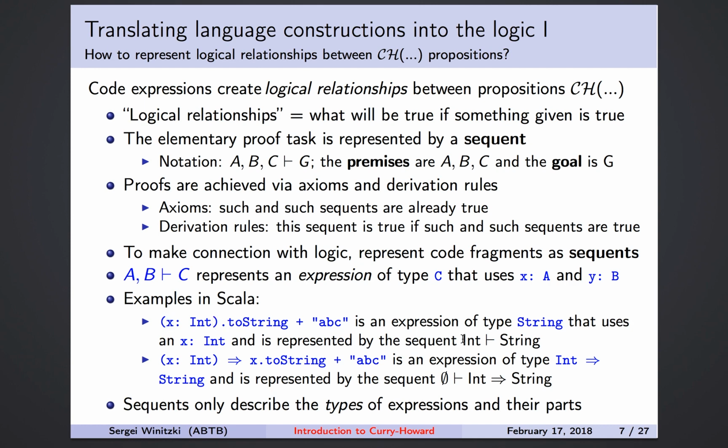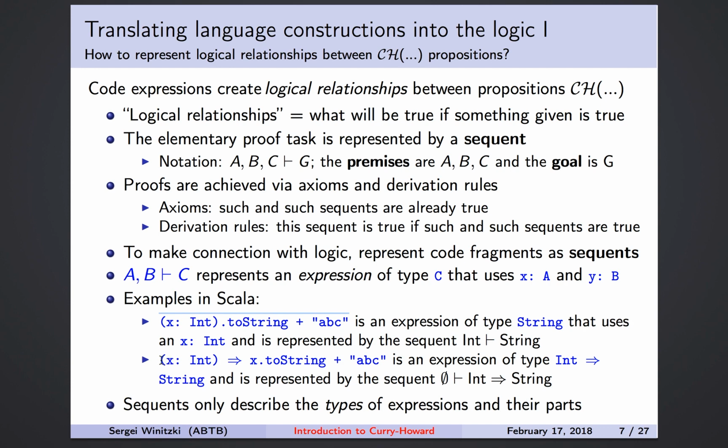The sequent calls our attention to the fact that this expression uses an already computed value of type int, so this value should be already computed somehow previously. And so this becomes the premise of the sequent, and then we can compute a value of type string, so that is the goal of the sequent. I'm not writing CH here just for brevity. If I wanted to, that would be CH of int to the left of the turnstile, and CH of string to the right of the turnstile.